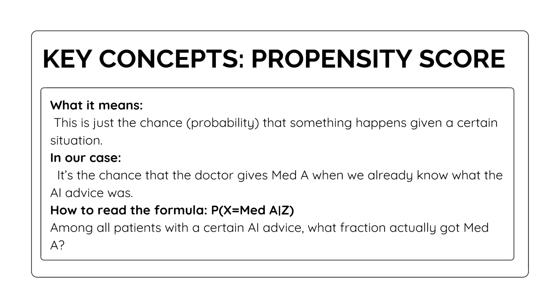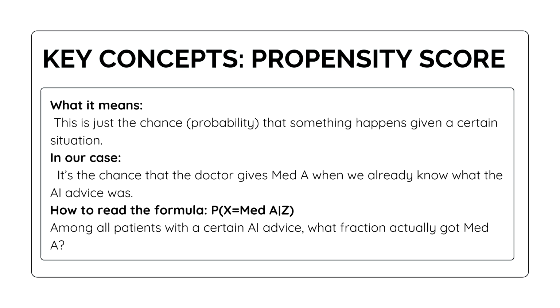On this slide, we introduce the idea of propensity score. Propensity is simply the probability or the chance that something happens given a particular situation. In this context, it's the chance that a clinician gives med A when it is already known what the AI's advice was.